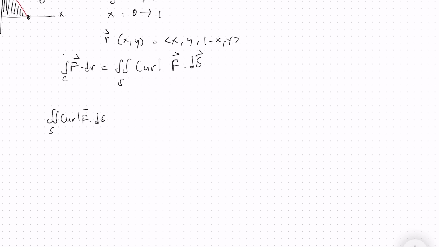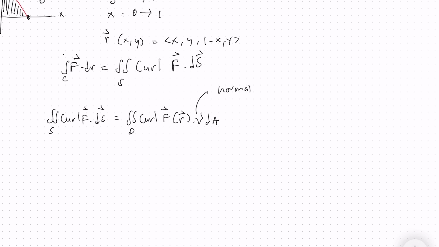It's computed as the double integral over the parameter domain of the curl of F evaluated along r, dotted with the normal vector field, dA. This is what we are going to compute.